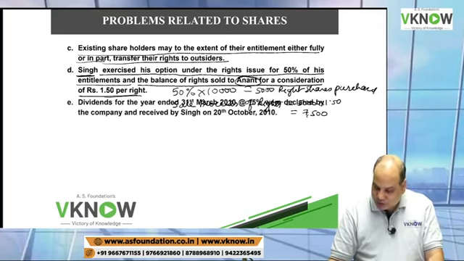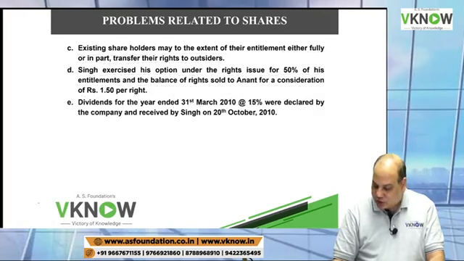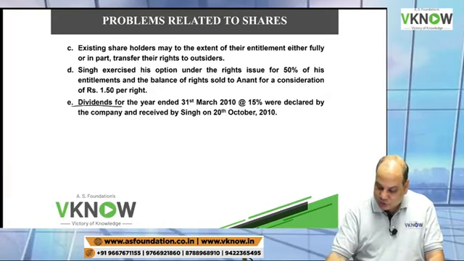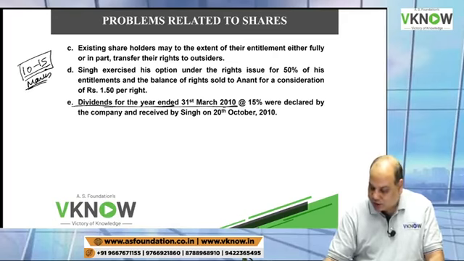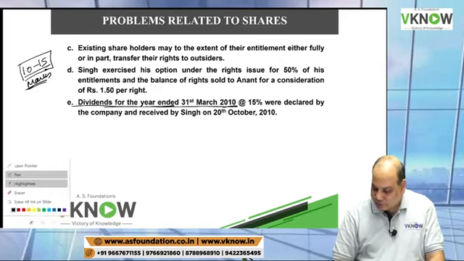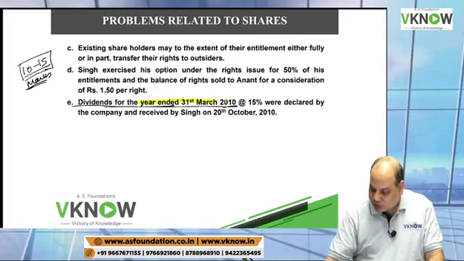Okay. So this question has all the ingredients for a 15 mark question. This question will come in the exam anything between 10 to 15 marks. Next point, dividend for the year ended 31st March 10. This is similar to one earlier problem. Dividend is for which year? 31st March 10.